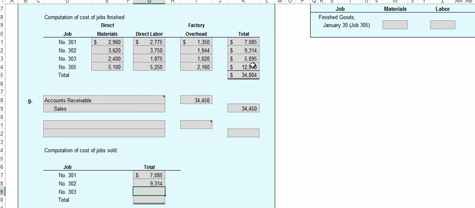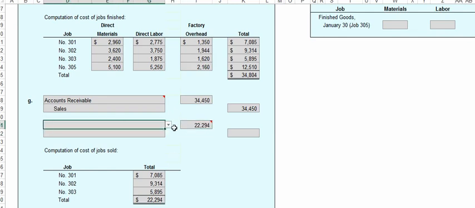Its cost was $58.95. And then we'll add those together to get the total cost of jobs sold, or cost of goods sold. This is the account title we're going to use. We're just adding these three together. And we get $22,294. And that's the number we want to use here, $22,294.